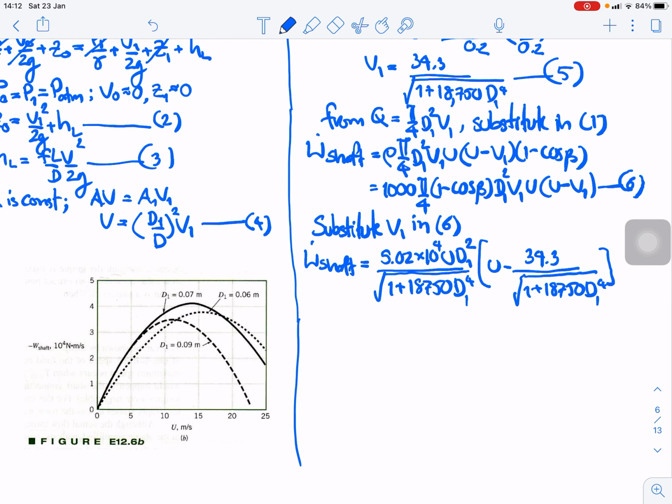In this case, if we want to get the maximum power, we have to substitute U, for maximum power, equal to V1 divided by 2. So the power is equal to 15 times 10 to the power 6 times D1 to the power 2.